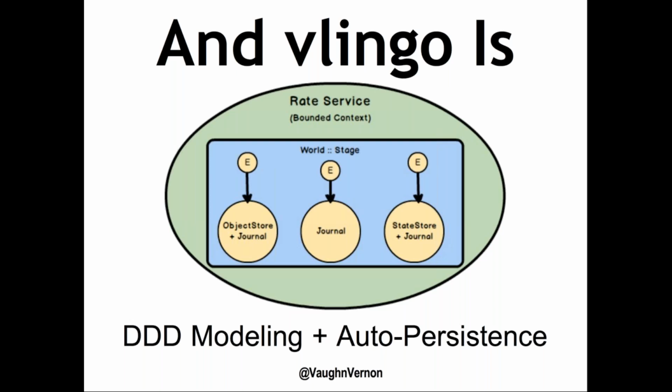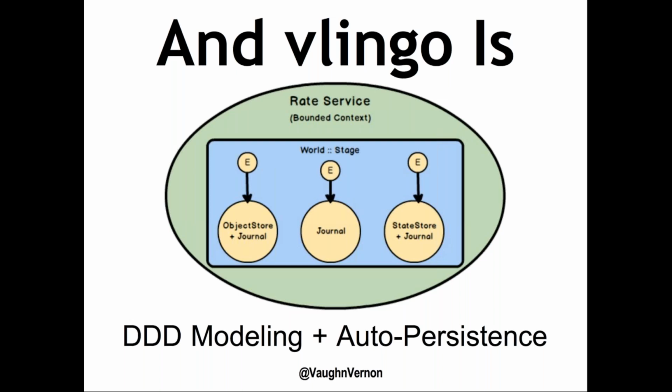So the ObjectStore can store both the state of an entity object and any domain events or other kinds of sources that it may want to persist in the journal. The StateStore likewise can store atomically the state of the entity and also any domain events, and again, any other kinds of source types that you may want to have associated with a given state.